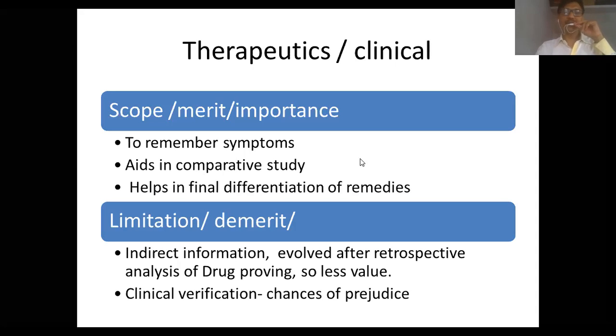So once you know that Nux vomica is good for acid peptic disorder, there is no need to remember all the symptoms of Nux vomica, like bitter eructations in the mouth causing discomfort to the patient, the eructations being so bitter, and so on.